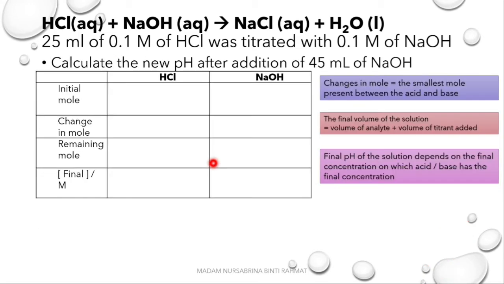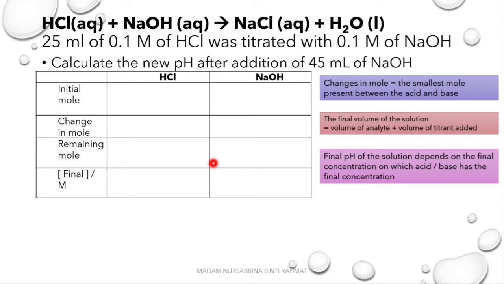Alright, so now let's calculate the new pH after addition of 45 milliliters of my NaOH. We have to calculate the initial moles of my acid and NaOH.